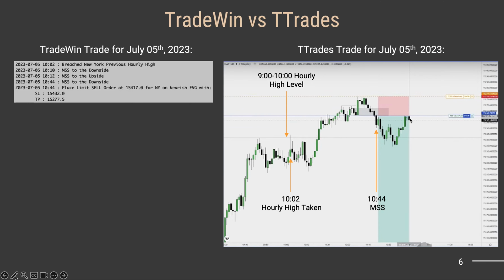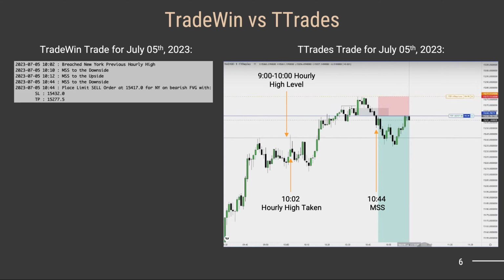That's what TTrades says. Now let's go back on the left and see what TradeWin does. So as expected here at 10:02 we breached the New York previous high. That's what we can see in the right. And then we are looking for a market structure shift.